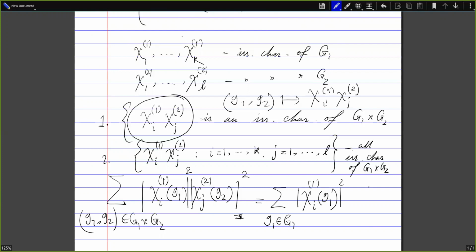If you fix a g1 and consider all such pairs whose first component is g1, then for each such g1 you encounter a sum like this.